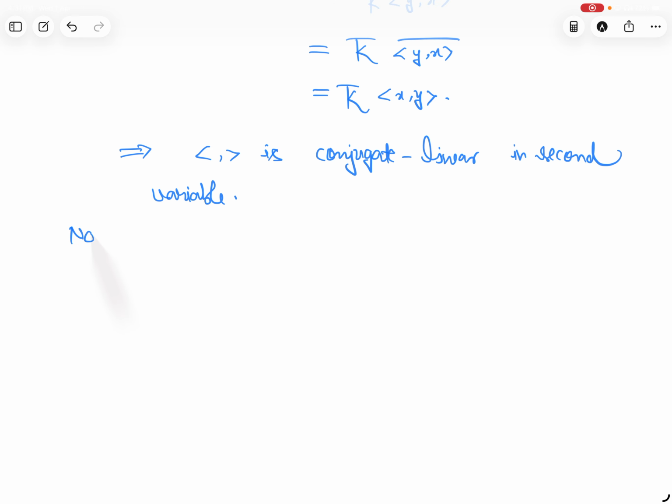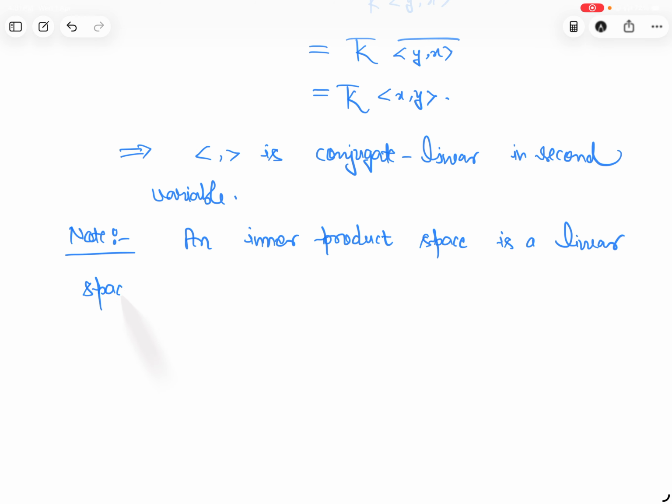Note an inner product space is a linear space. Linear space is also called vector space.